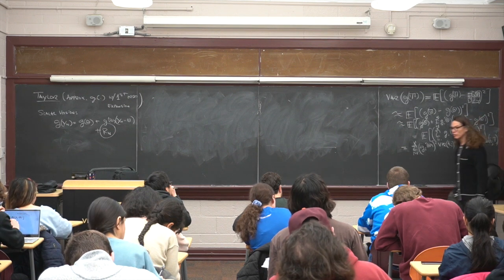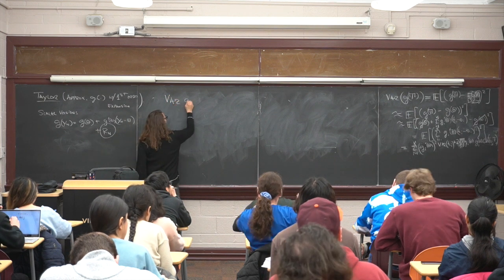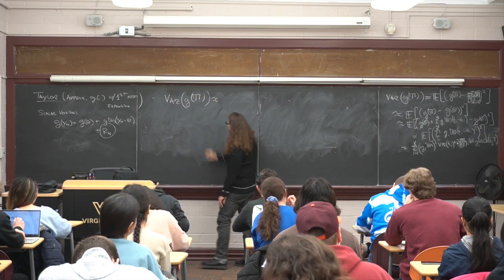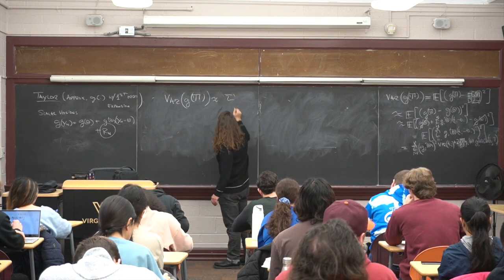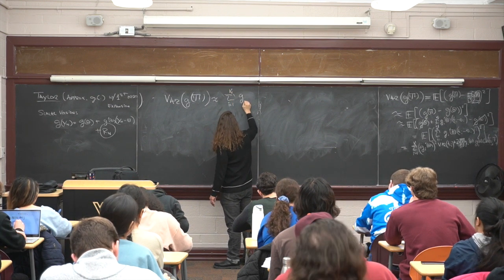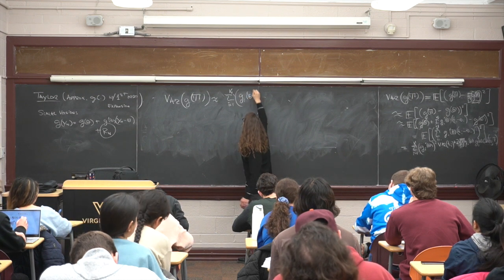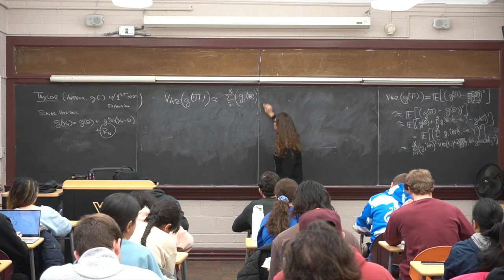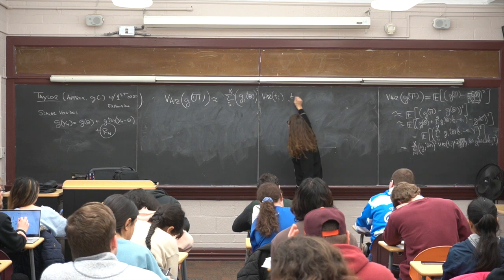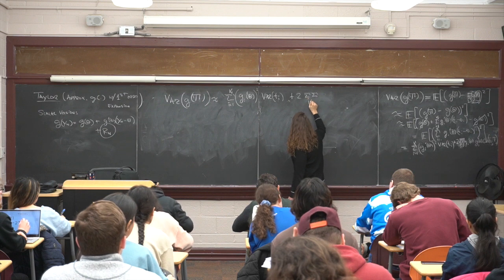I'm going to rewrite all of that just because it looks so messy on the board. Variance of G(T) is approximately the sum, i goes from 1 to cap K, G_i prime evaluated at theta, squared, times the variance of the T_i's, plus 2 times the sum over i less than j.